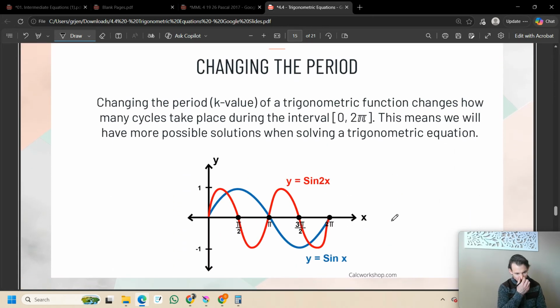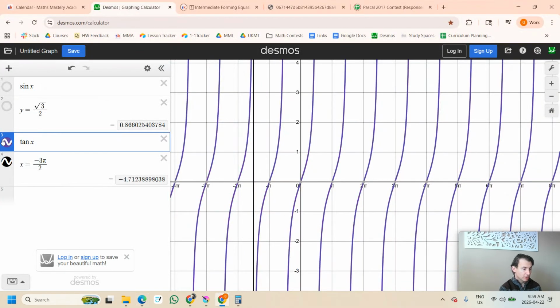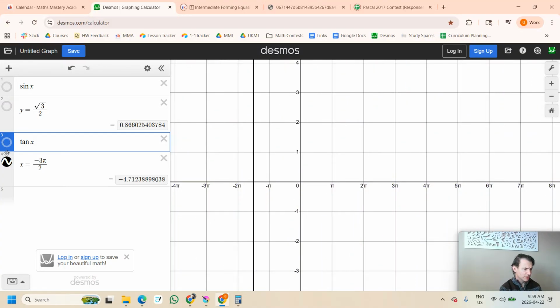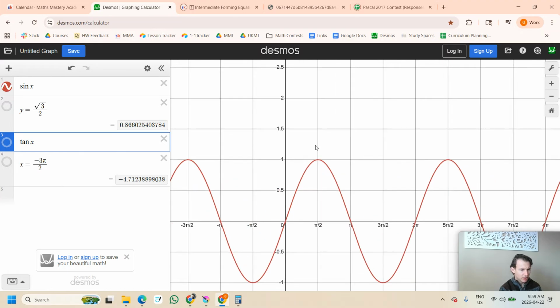Now, another way that these questions can get trickier is by changing the period. It can increase the number of solutions you have or decrease the number of solutions you have. So let's take a look here at, ooh, that's really hard to look at, isn't it? Yeah, so we're looking at sine x here. I'm going to zoom in a bit.